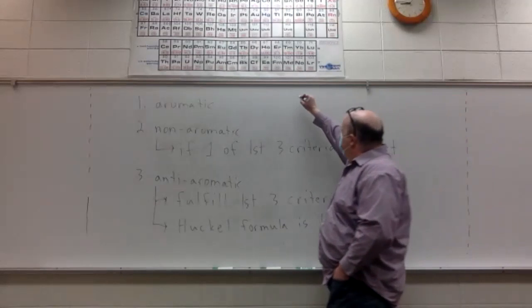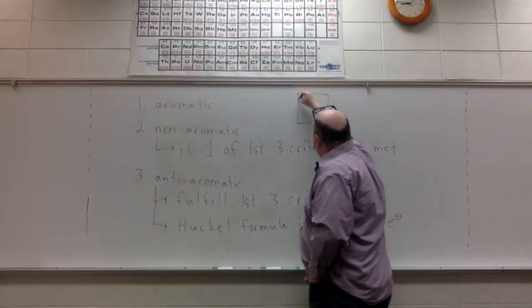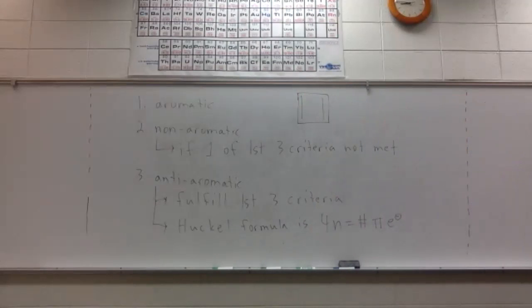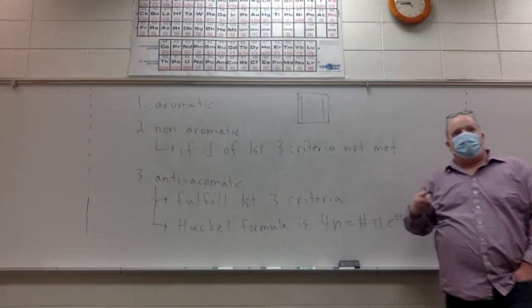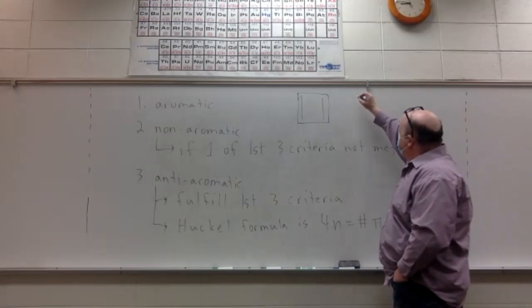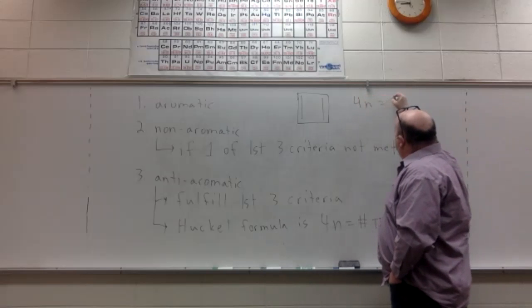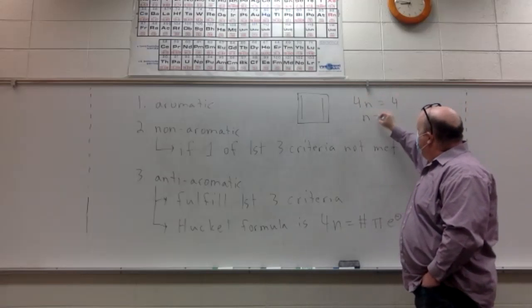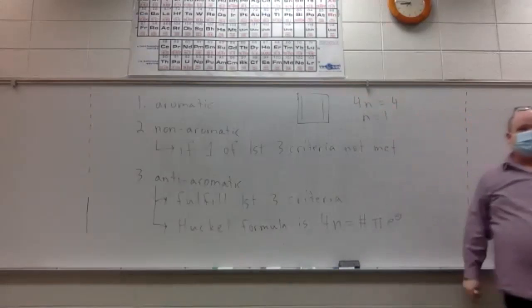So if you all remember this one I had up there a few minutes ago, right? Cyclobutadiene. That's a ring. I can tell you it's completely planar. Completely conjugated? Yeah. However, we have 4 pi electrons, and we saw that did not work with the aromatic classification, but if we say 4n equals 4 for the anti-aromatic formula, n equals 1, we see that fits.